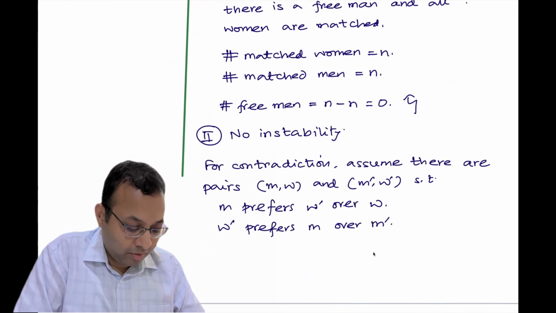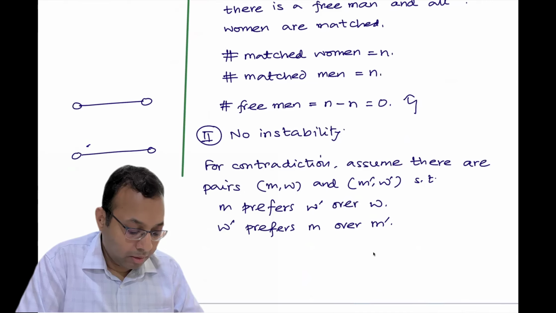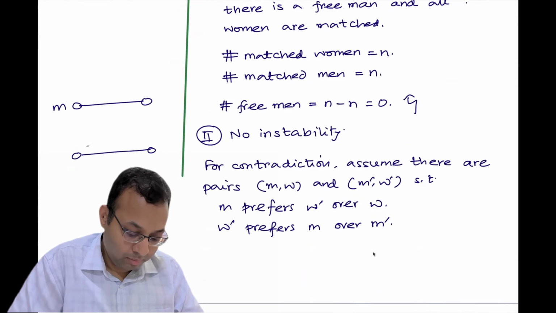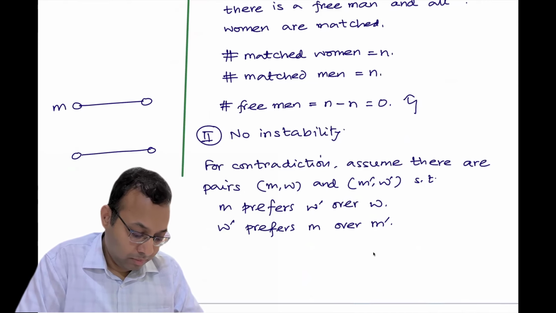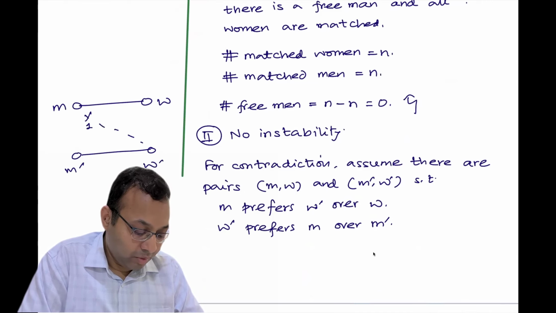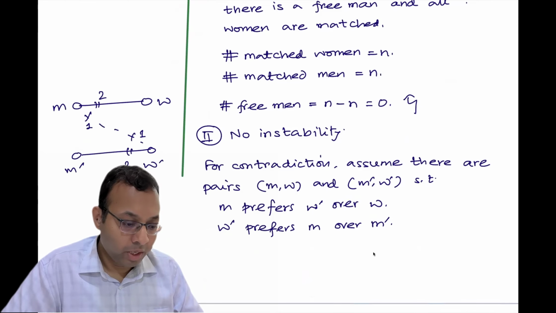So in the figure it will look like this. This is the matching. This is M, this is W, this is M' and W'. And we are seeing M is preferring W'. This one is his first preference, and W is second preference. For W' also, we have first preference as M and second preference as M'.